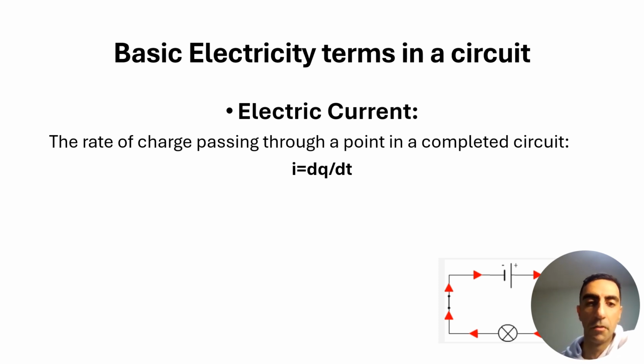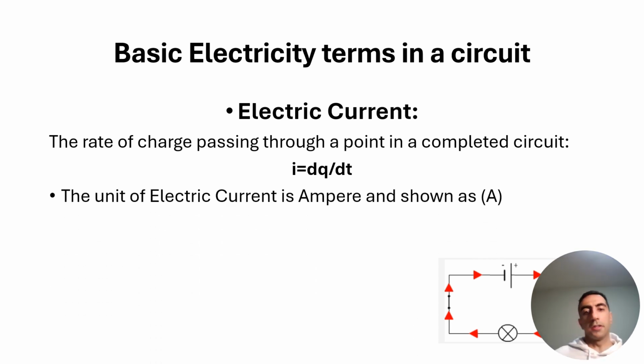Electric current is the rate of change of charge with respect to time. So if I want to show it mathematically, I would say I, which is current, equals the derivative of charge with respect to time. So the rate of change of charge with respect to time at any specific point of a circuit is called current.